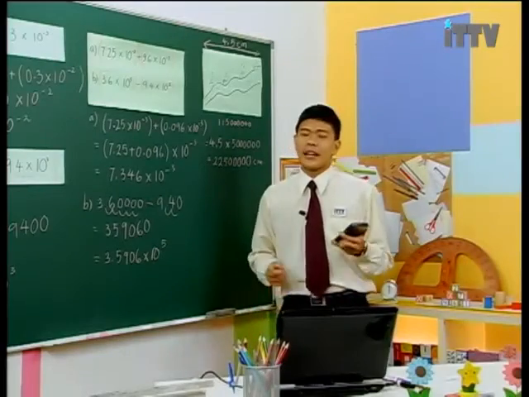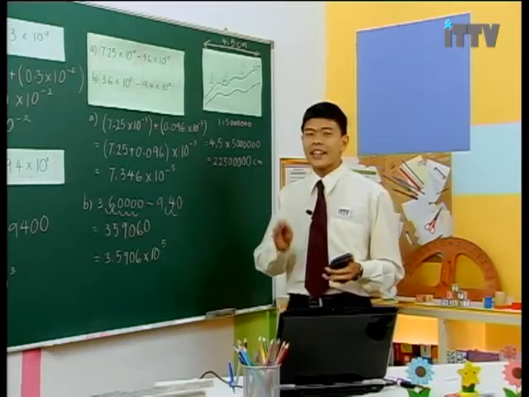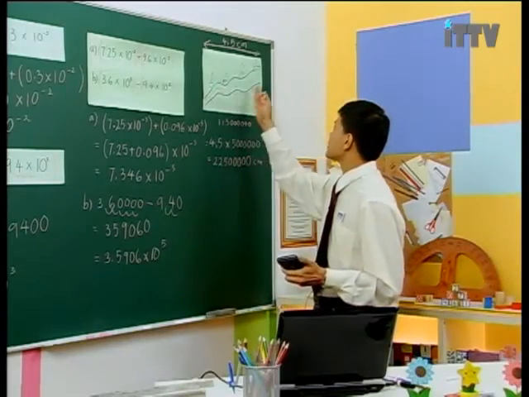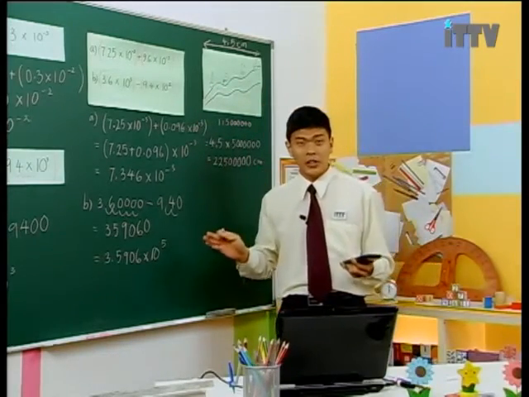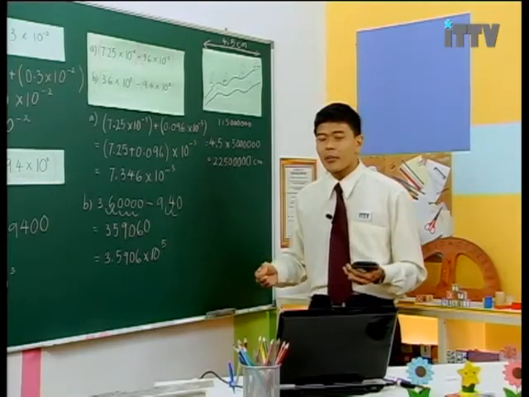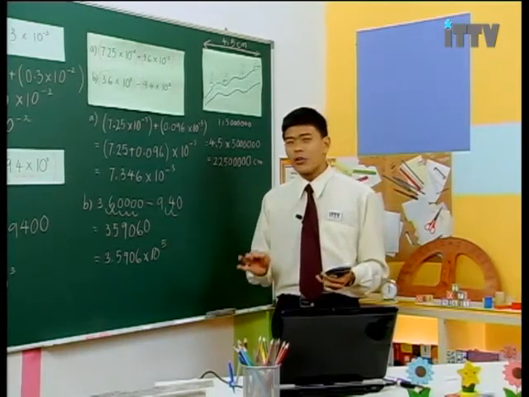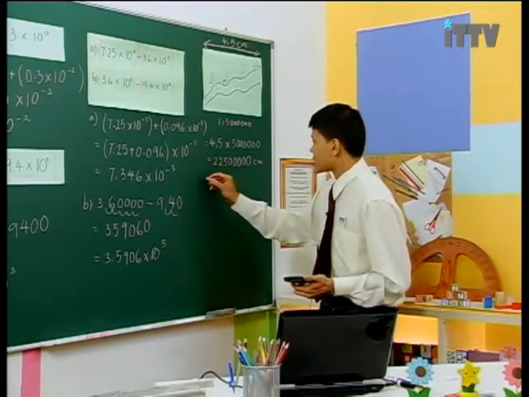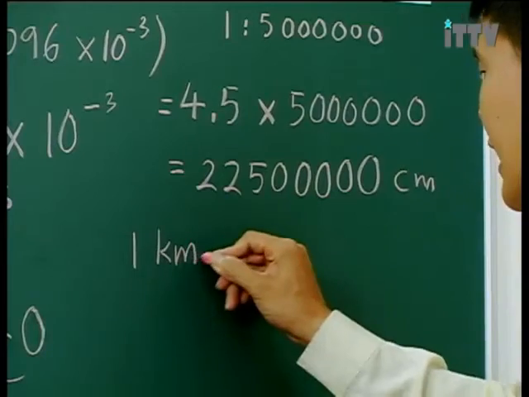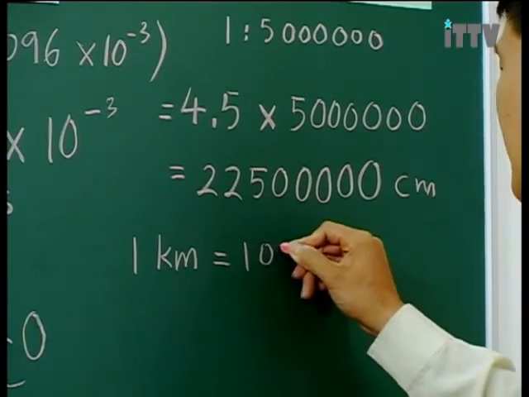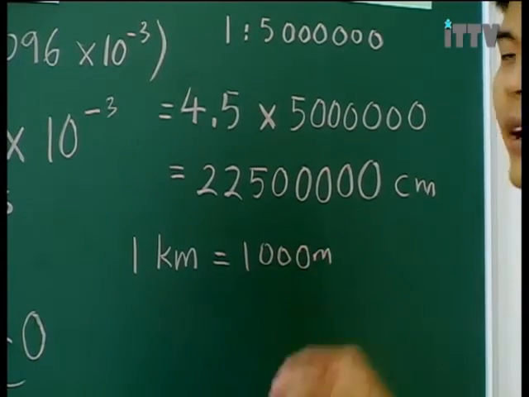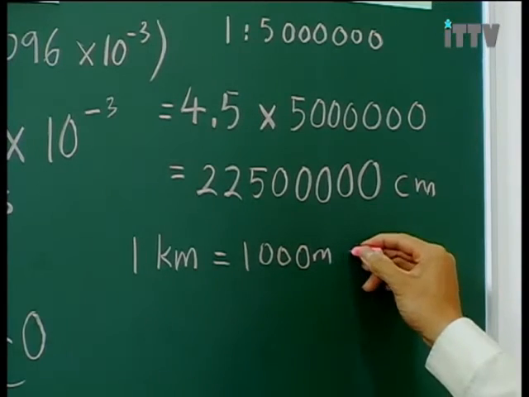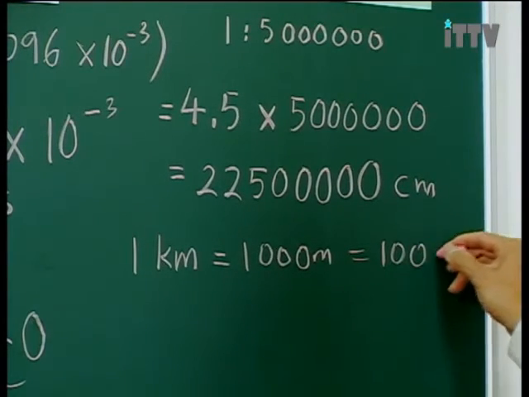But since the answer requires you to state the final length of this river in kilometers, we have to divide by a certain number. Now, how many centimeters are there in 1 kilometer? Let's check it out. In 1 km, you know it has 1,000 meters, and each meter contains 100 centimeters.